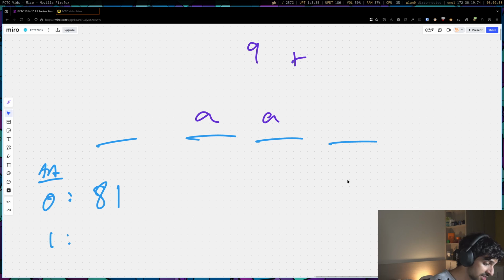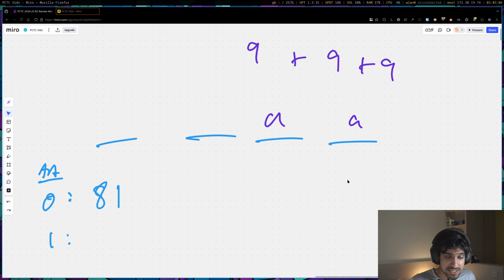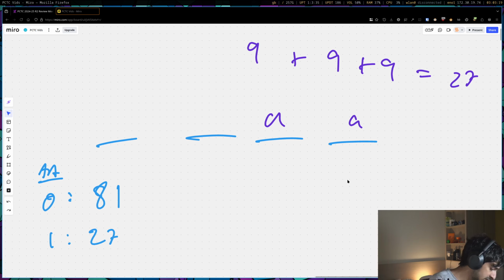So there's 9 plus 9. Well, the AA can also go there, right? Therefore, there's another 3 times 3 possible options. So there's 9 plus 9 plus 9 options in total. So in total, there are actually 27 options if we decide to put one single pair of AAs in it. So the number down here should be 27.